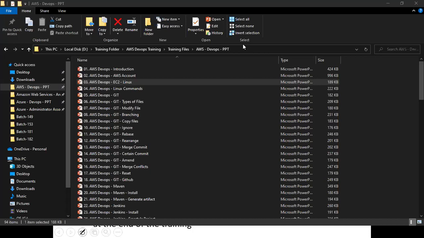May I know which organization you are working in, Khushbu? Infosys. Definitely, they have some cloud projects also. Yes, they are using Azure. You can do one thing after completing this training: check with your HR and switch your project. May I know which location you're working in right now? Pune.